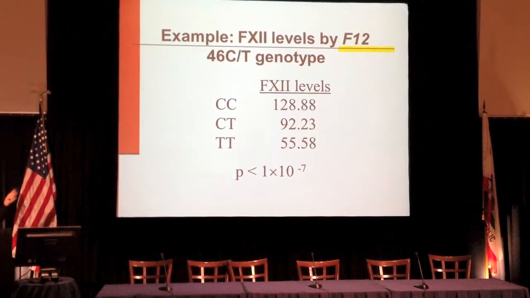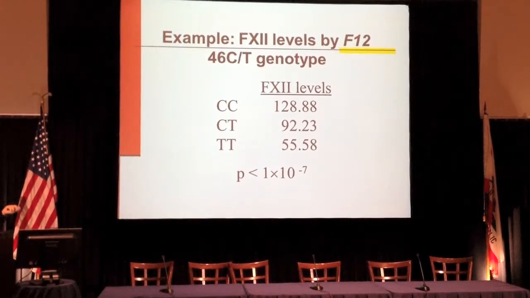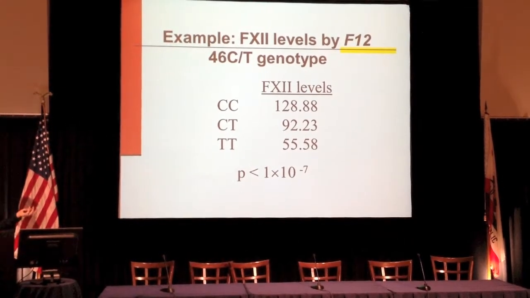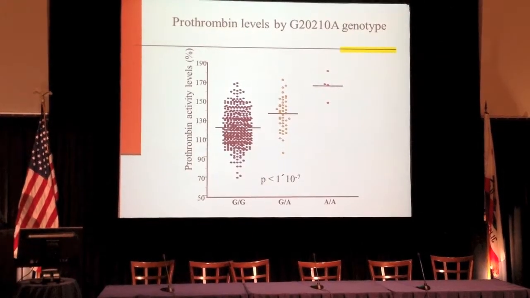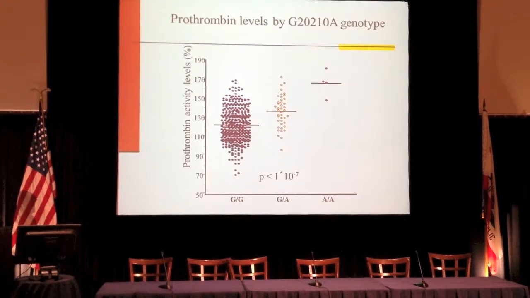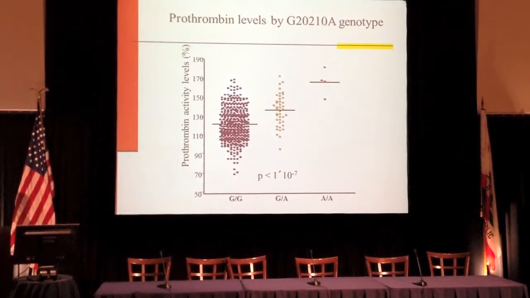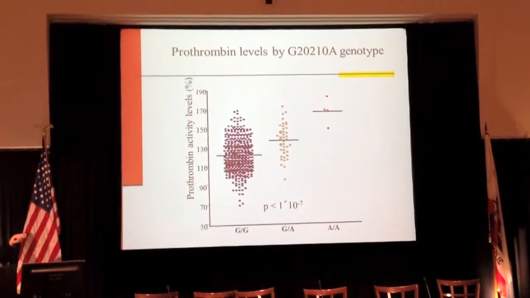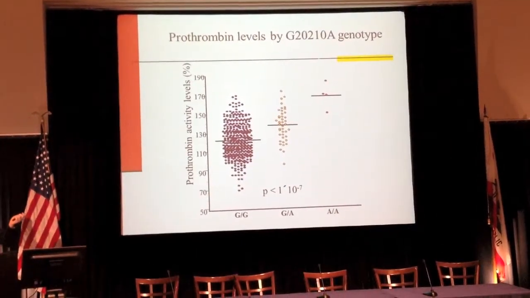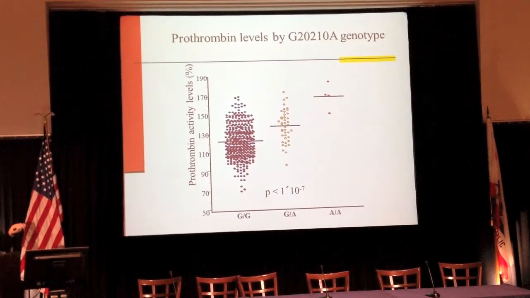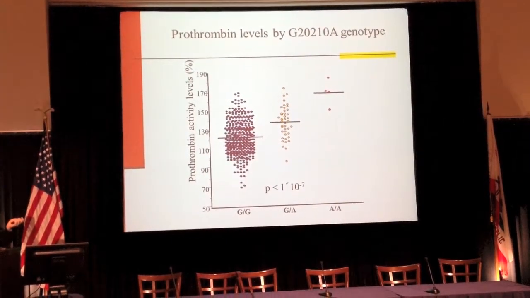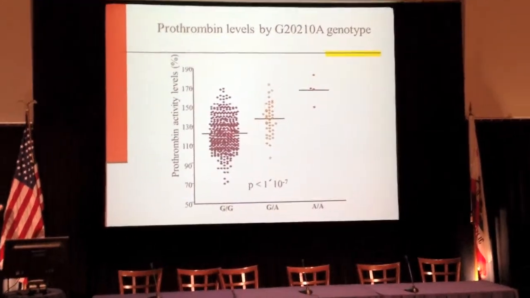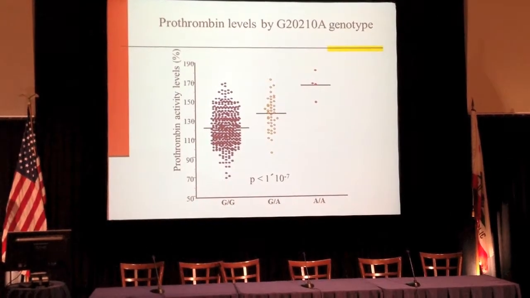So we have a perfectly additive effect of this polymorphism that is highly significant. In fact, if we plot the FX2, which is also known as the prothrombin level activity, by the subjects with a particular genotype, we will see this nice step-ladder distribution with about equal difference between the phenotypes, suggesting that that's a perfectly additive effect.